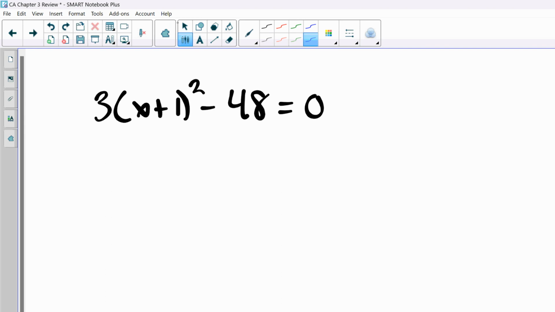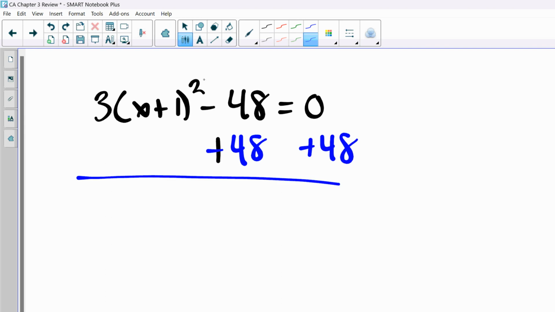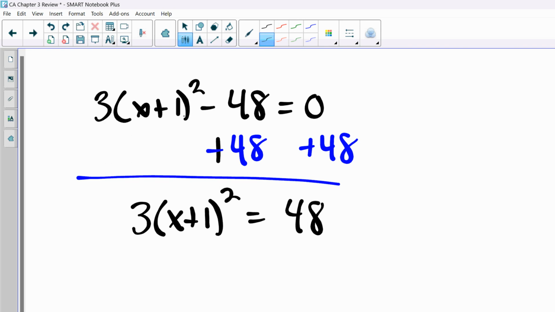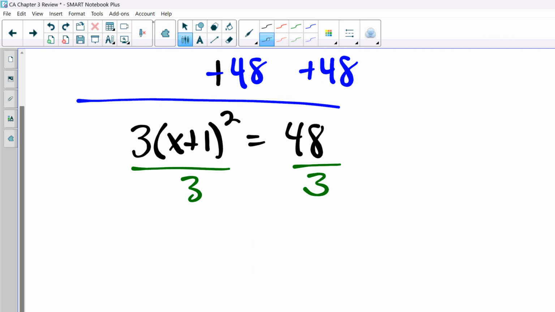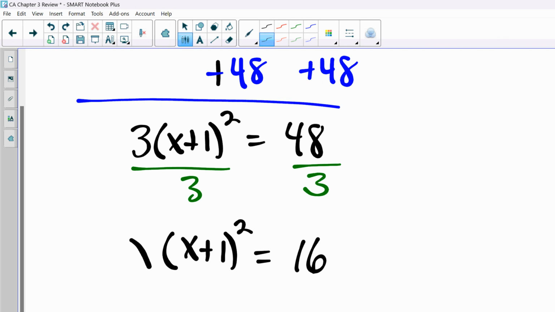Now, if we wanted to solve this mathematically, because it's already set up in a set of parentheses squared, we can use the square root method to solve it. x is only inside those parentheses. So we move the 48 over. Divide both sides by 3, telling us x plus 1 squared is equal to 16.